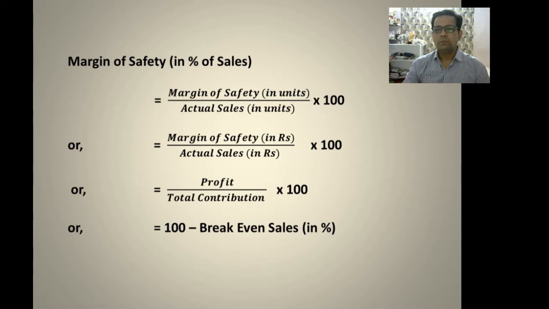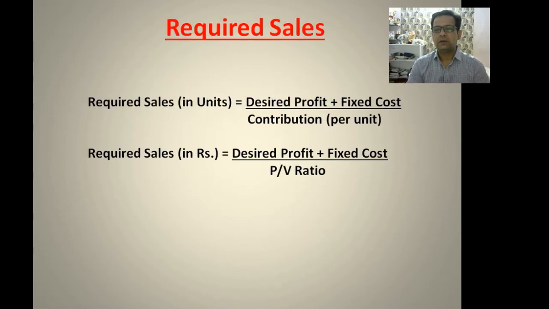All right. So let's look at the last slide of this video where we learn the formula for required sales. What happens is a lot of times in some questions they do ask that, if the business desires to earn X amount of profit, then to earn this profit, what is the sales they need to make? So the formula is again simple.